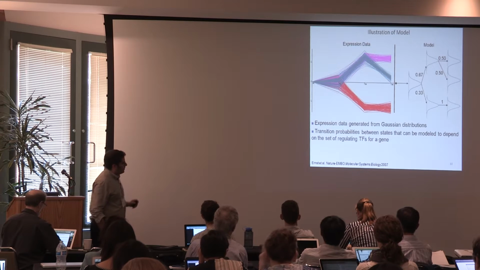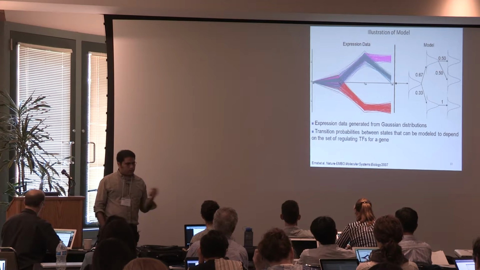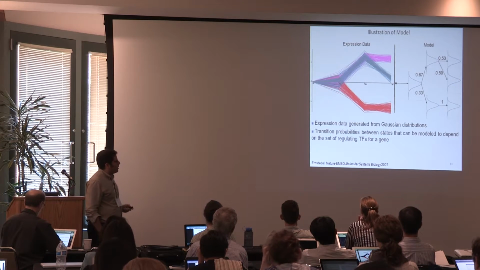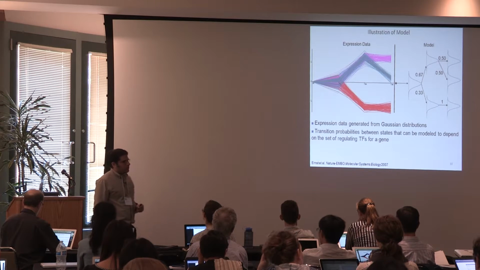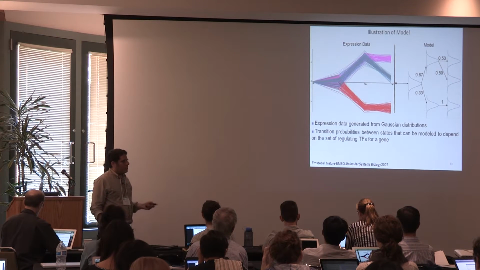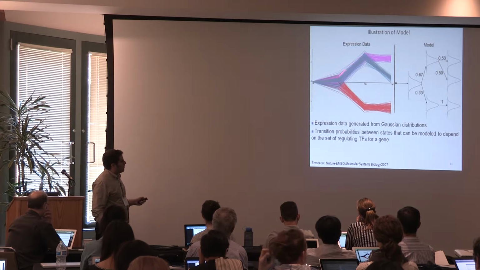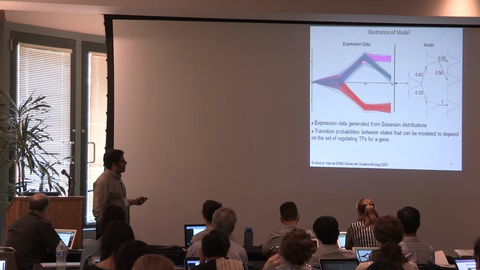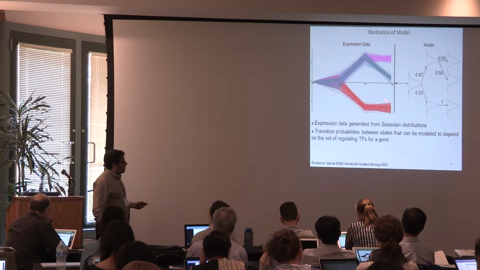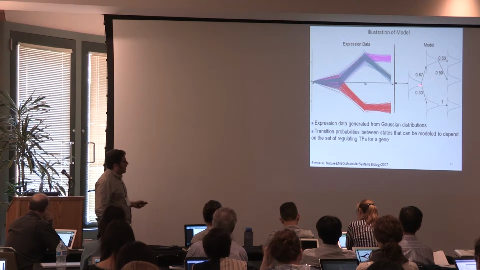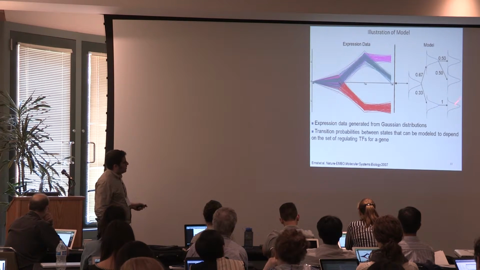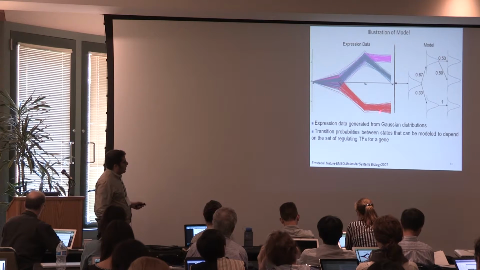To give some more details about the underlying model behind DREM, I'm going to illustrate this with a toy example. Say we had three paths which had the same expression, then diverged, and then diverged again. We model them as having a Gaussian distribution of expression along some path.